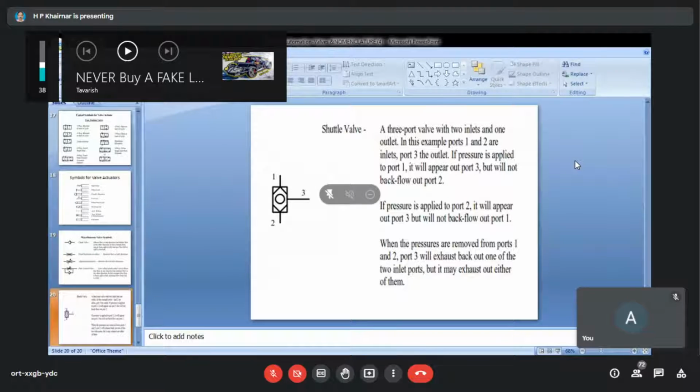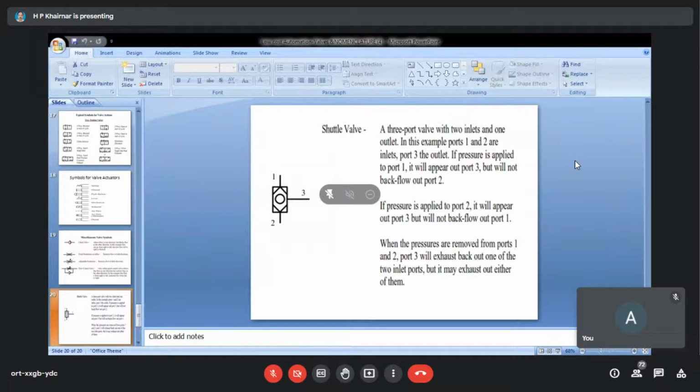And this is the last valve. You just observe this valve. By that time I will put the attendance link.